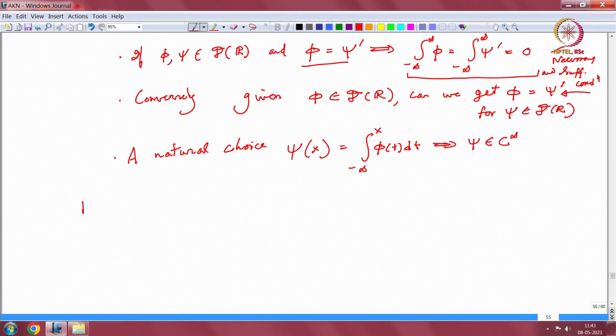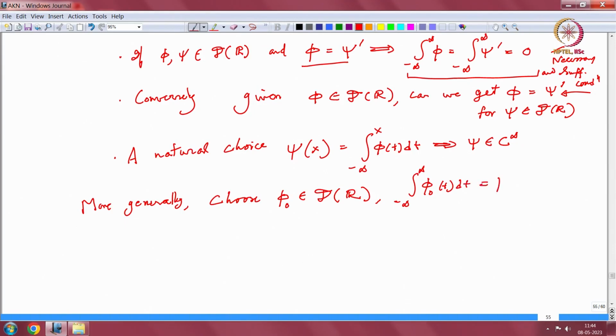But more generally, even if you do not have that condition, you can write every phi in a more general way. We make a compact support by multiplying by a compactly supported function in D of R, and you normalize it so that the integral of phi naught dt is equal to 1.